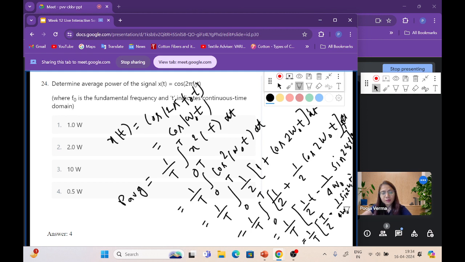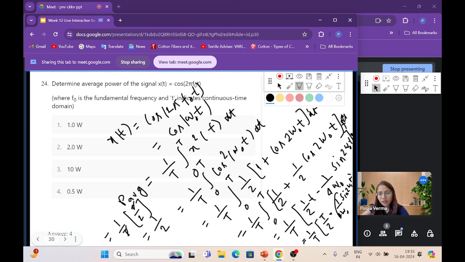This we will discard because T is not defined. So what will we get? 1 by T in brackets, T by 2 only. If we discard this part, since T is not given, we get 1 by 2 only.